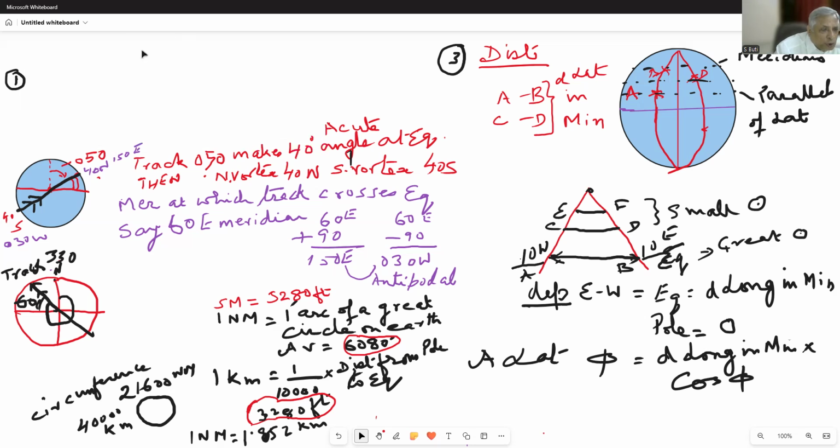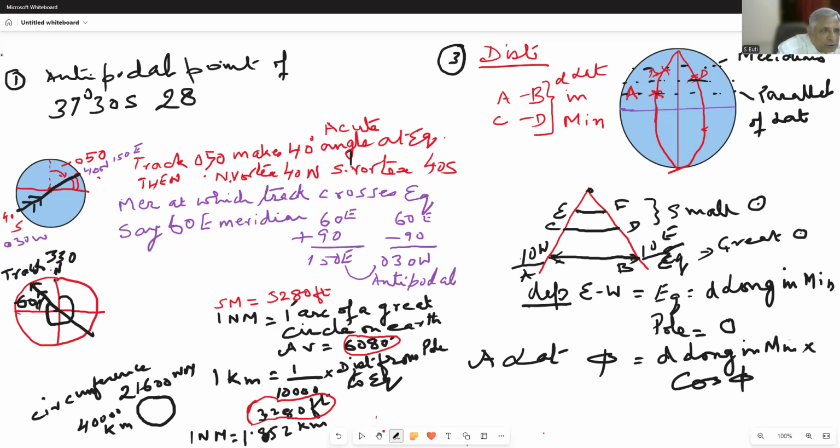Let's say one more for your practice now. Find antipodal point of 37 degrees 30 minutes south and 28 degrees 40 minutes east.